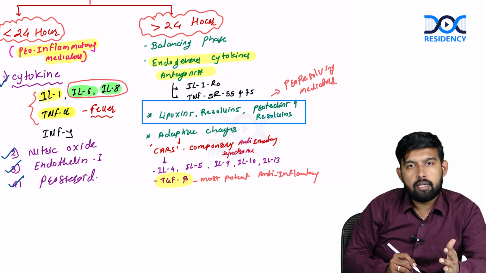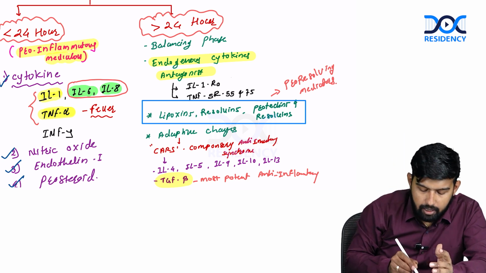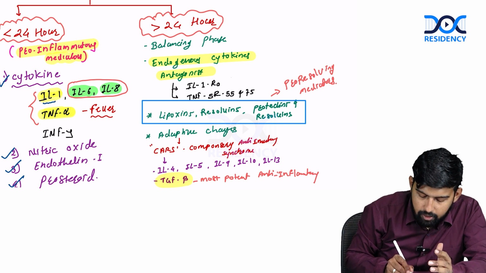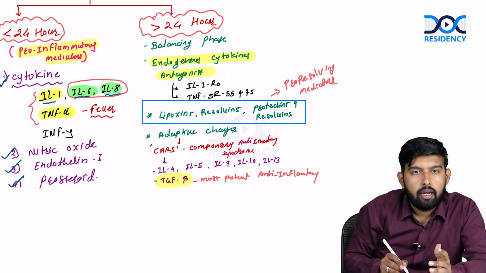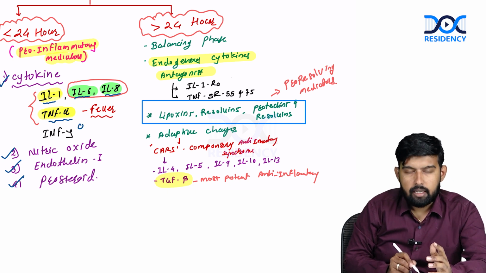The important pro-inflammatory cytokines are interleukin 1, interleukin 6, interleukin 8, TNF alpha and interferon gamma.